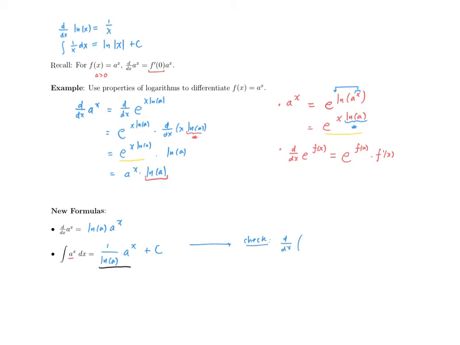If we differentiate 1 over natural log of a times a to the x, and if we get back a to the x, we will have checked the validity of this formula. So 1 over the natural log of a is a constant, which can be pulled in front of the derivative.